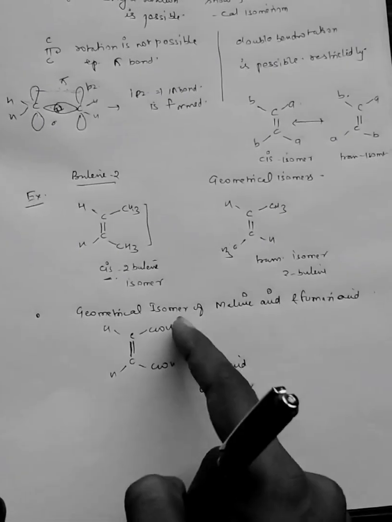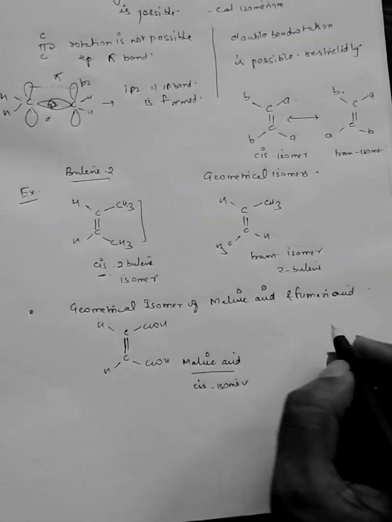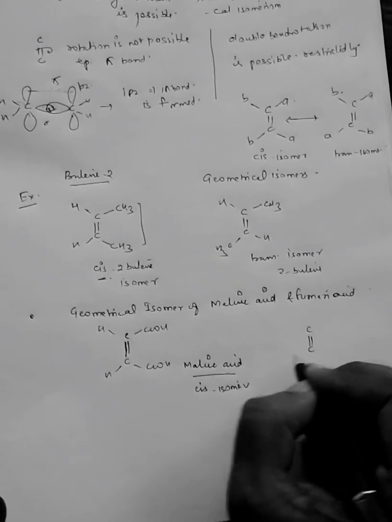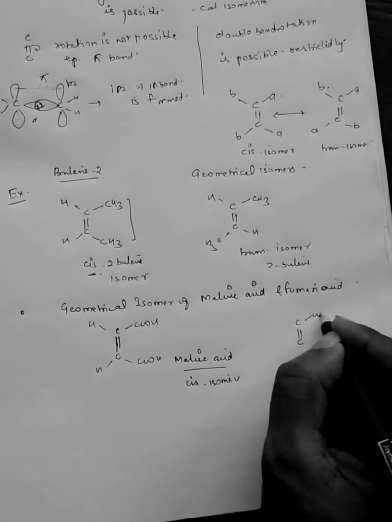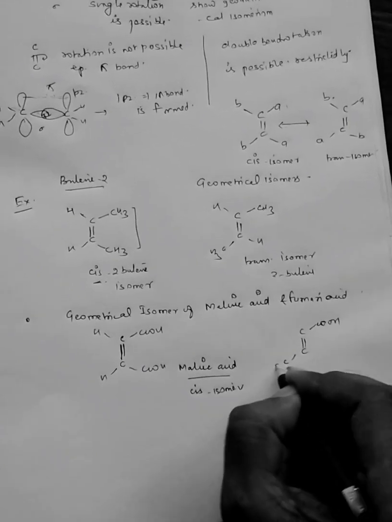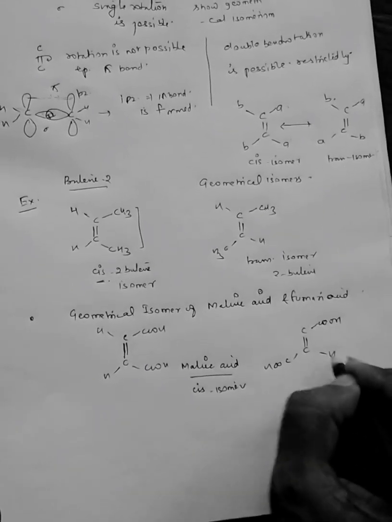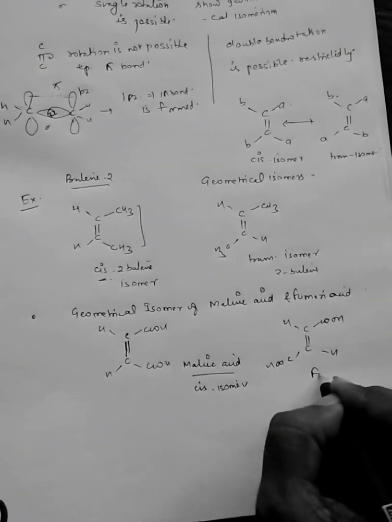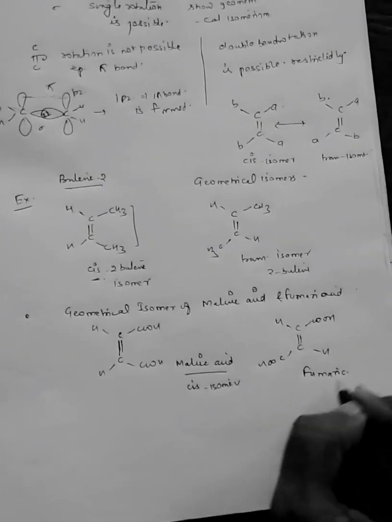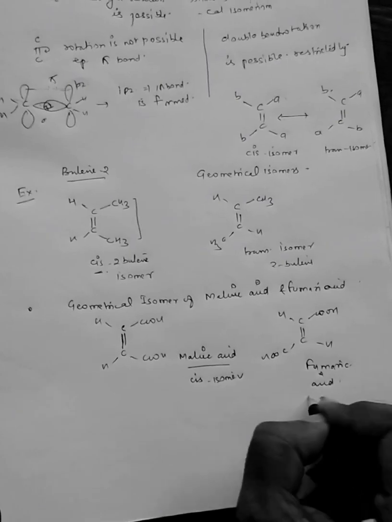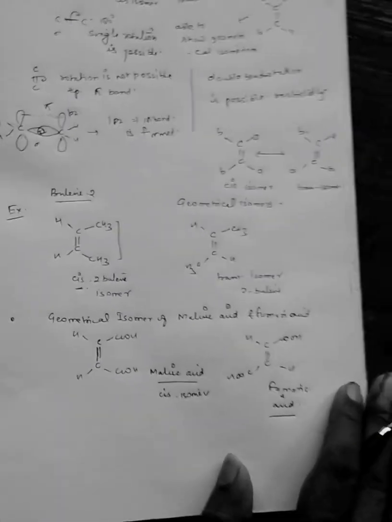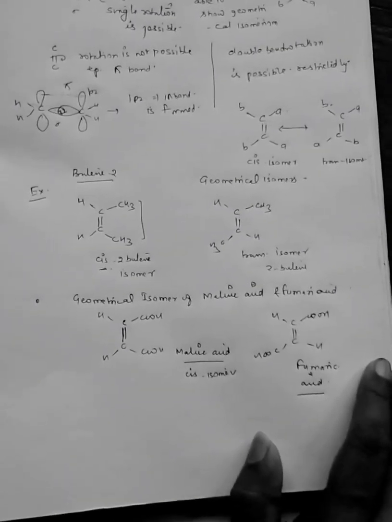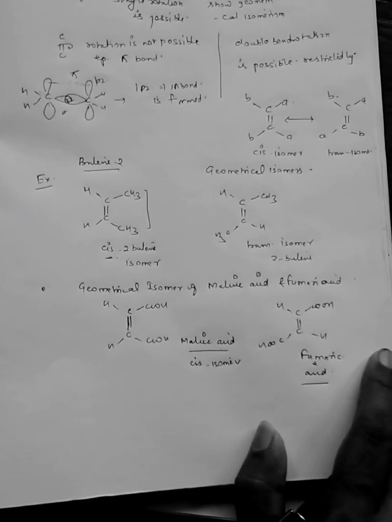If the COOH and COOH are in the anti position, then it is called the trans isomer, and this is the structure of fumaric acid. So this is the basic difference of groups and the necessary condition for geometrical isomerism.